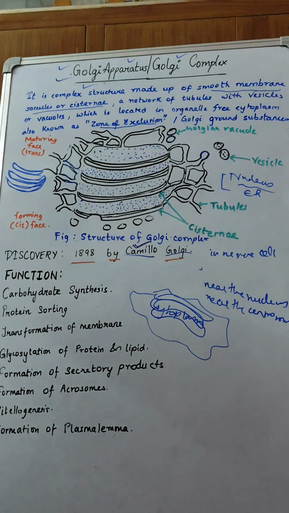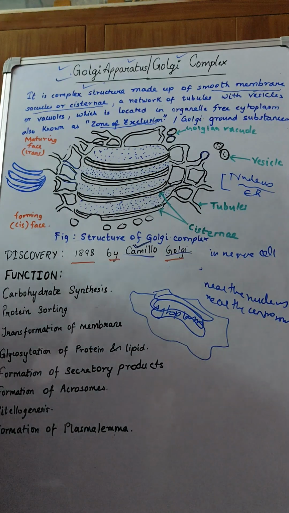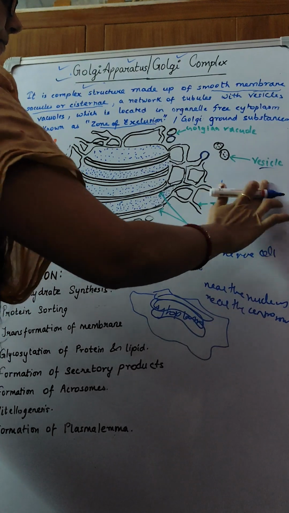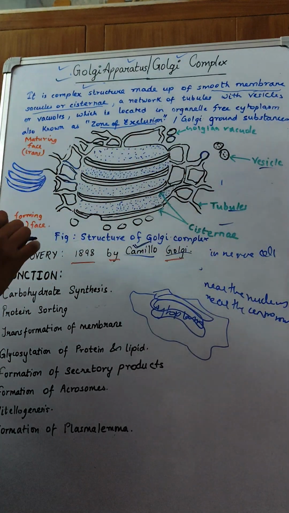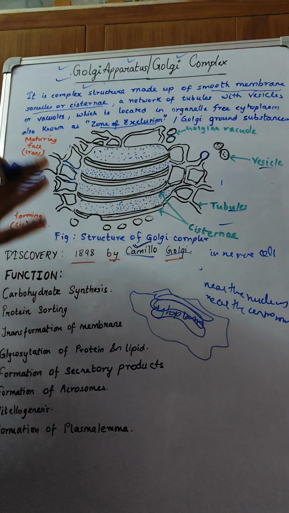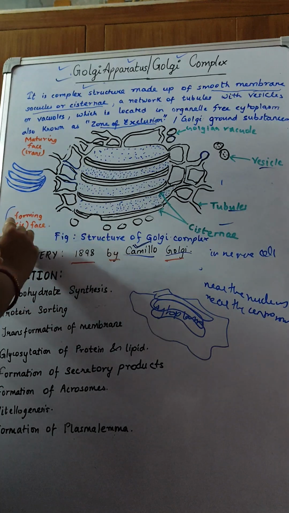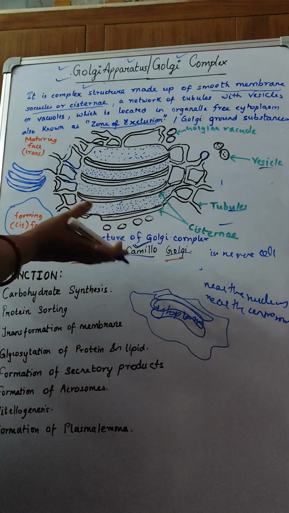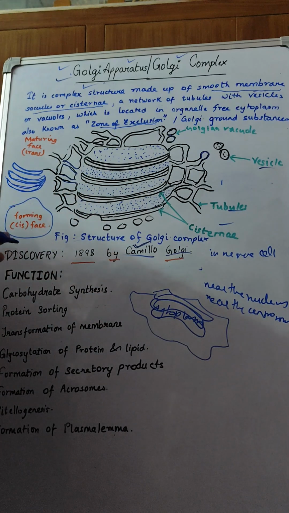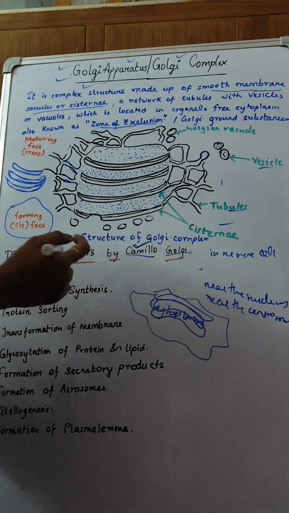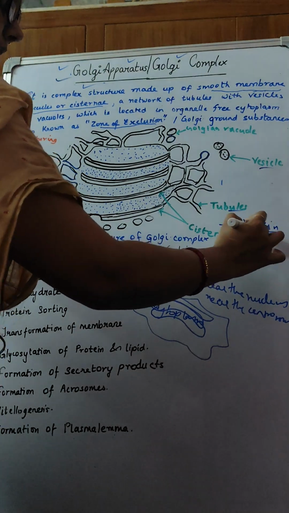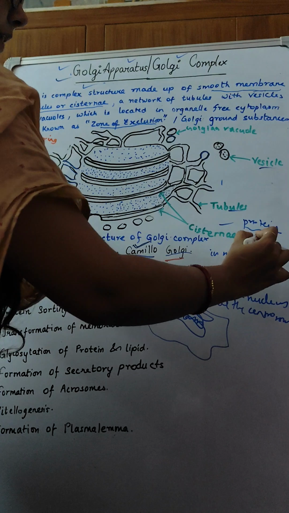Now what does the Golgi apparatus structure consist of? It consists of cisternae, tubules, vesicles and vacuoles. It has two faces, that is, the forming face, the cis face. What is the function of the Golgi apparatus? Its function is to receive material, or you can say protein or any other secretory substance, from the endoplasmic reticulum.